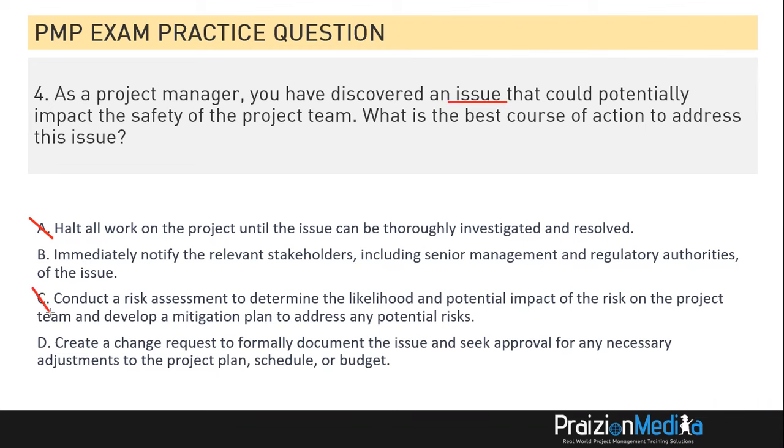D says, create a change request to formally document the issue and seek approval for any necessary adjustments to the project plan, schedule, or budget. D is not bad, but it would not come first. So the best course of action is to notify those involved and then do an RCA, root cause analysis, and determine what would fix it. But that wouldn't be the first thing to do.